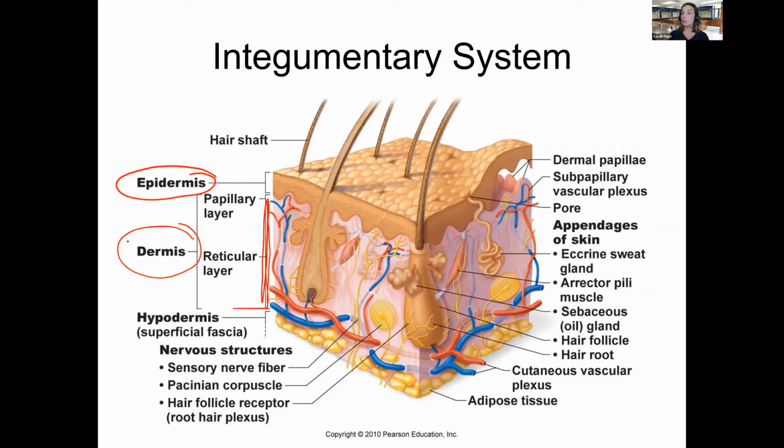You can see all the blood vessels, you can see hair follicles, you can see glands in there. And then at the very bottom is our hypodermis, and you can see that as fat tissue. Anytime in your textbook that you see yellow, a lot of times that yellow is indicative of fat. Okay, same thing with models. A lot of times on the models that we'll use and images that I use in your lab, if it's yellow, it's probably fat.